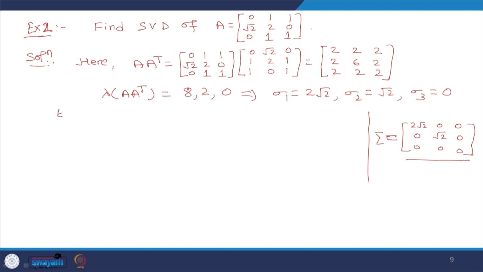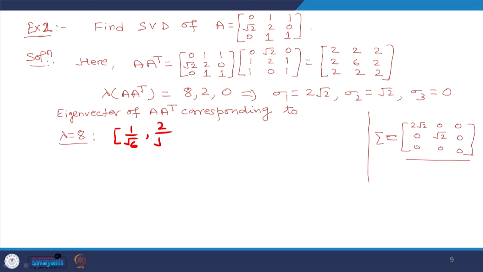The eigenvector corresponding to lambda equals 8 comes out to be 1 by root 6, 2 by root 6 and 1 by root 6 transpose.